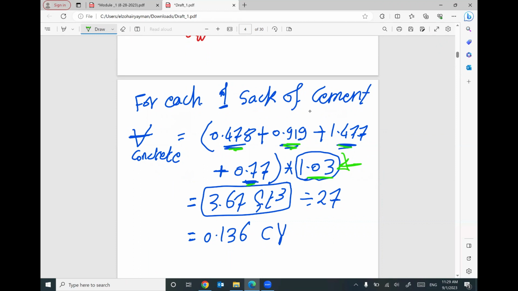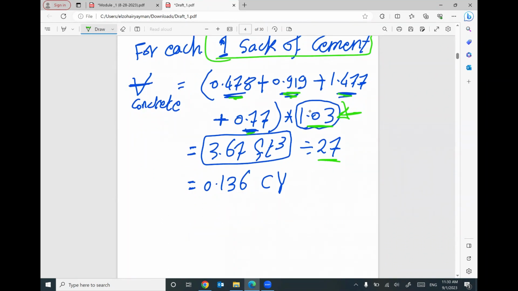So 1 sack of cement will produce 3.67 cubic feet of concrete. I divided it by 27, so I can say I can produce 0.136 cubic yard for each 1 sack of cement.